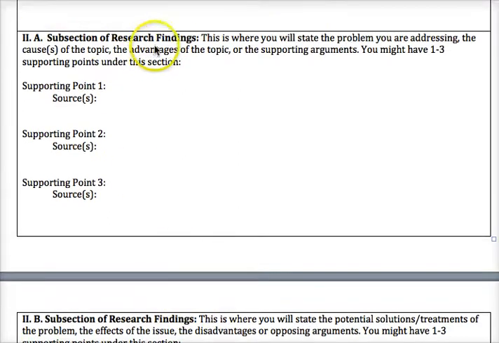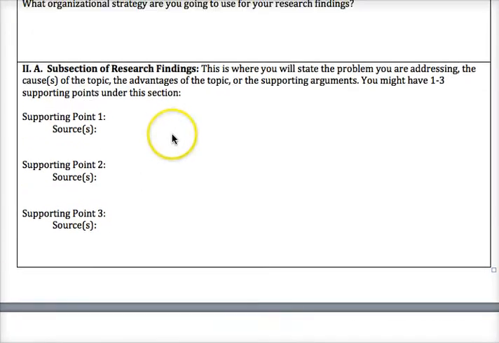And then within each of these sections, you might have supporting points. So this is where you're going to put your individual research findings that you found in your article searches. So you might come up with one or two or three even supporting arguments for this section.